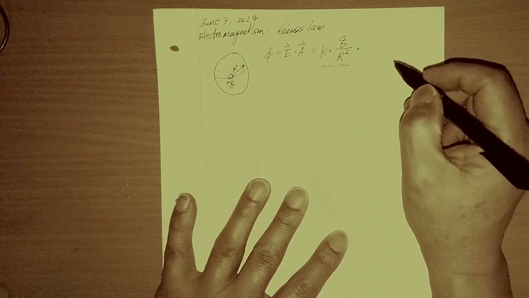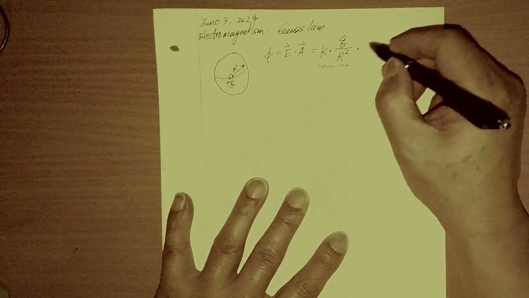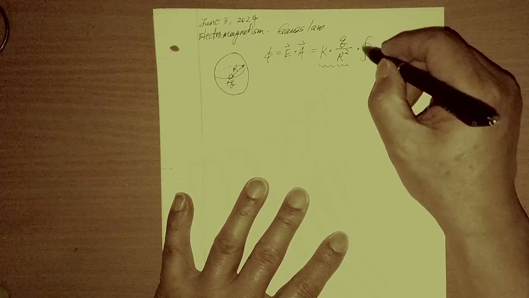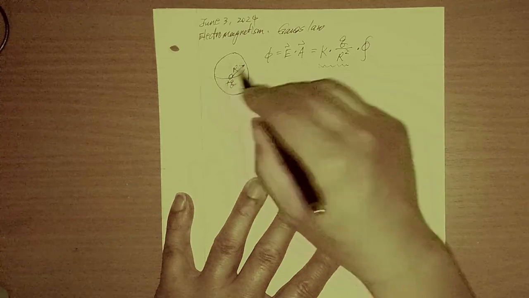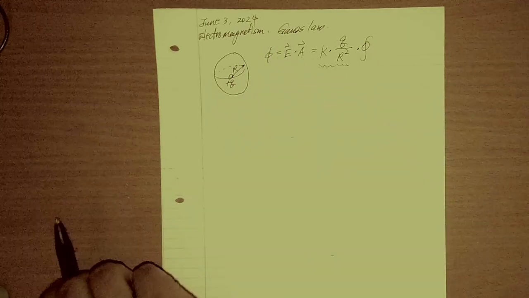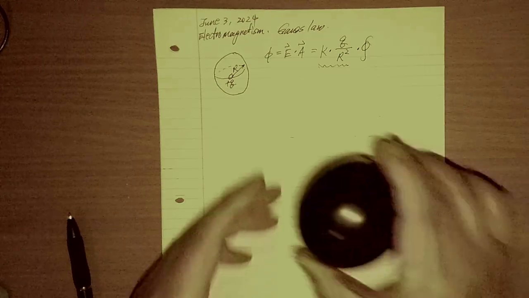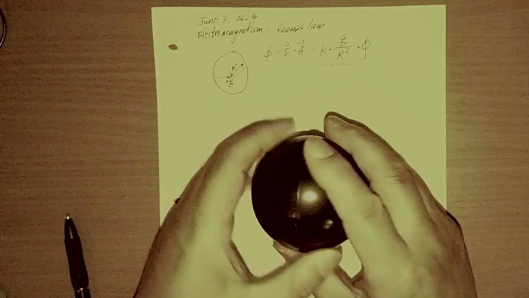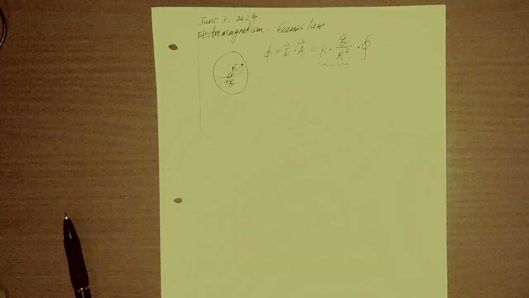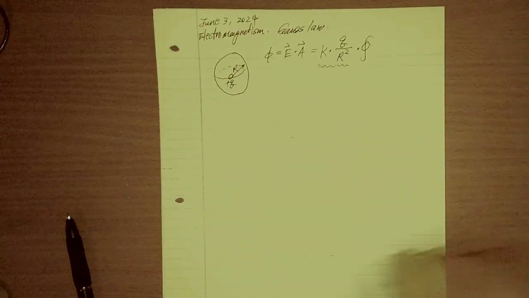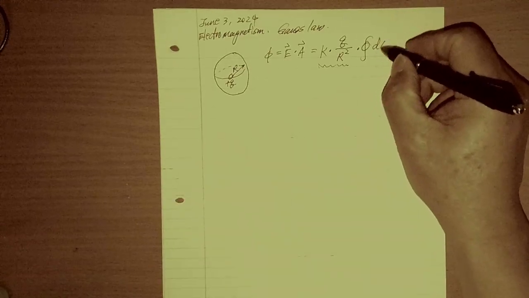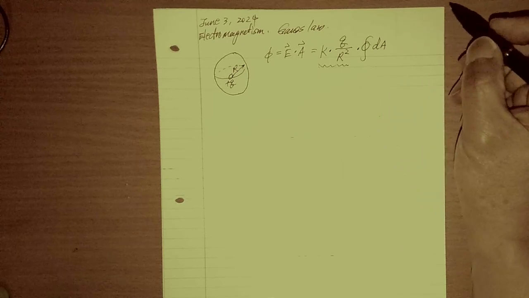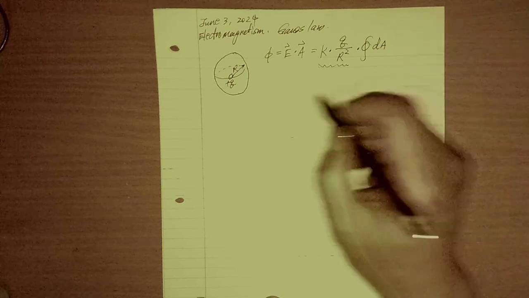And then A we can consider as the surface integration, the integration around the whole sphere, dA.